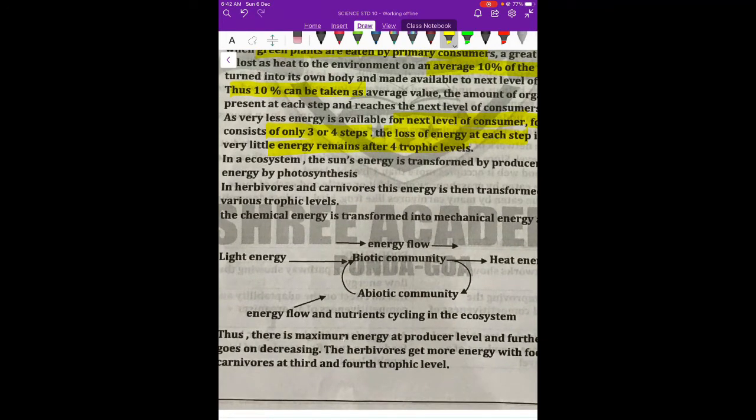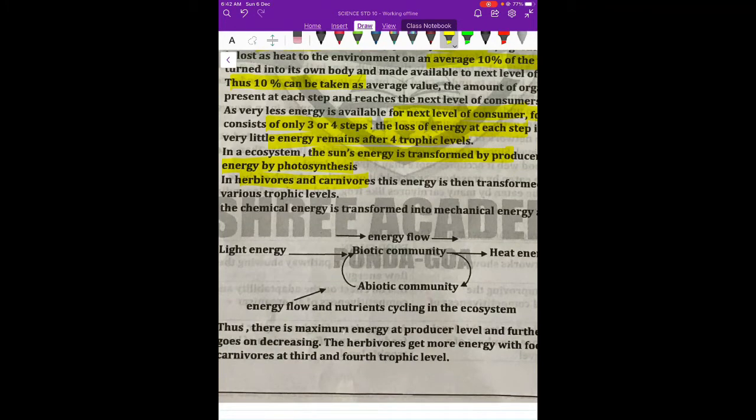The sun's energy is first transferred by producers into food energy by photosynthesis. Later these are eaten by herbivores and carnivores. This is how energy flows. But one thing we should remember here: energy always flows in a unidirectional motion, always from the producers to the third and fourth trophic levels.